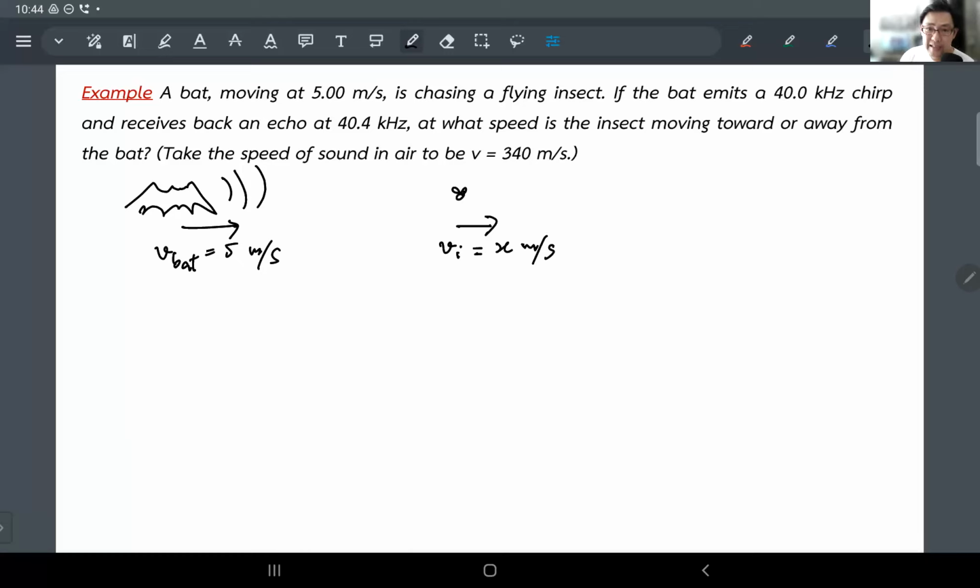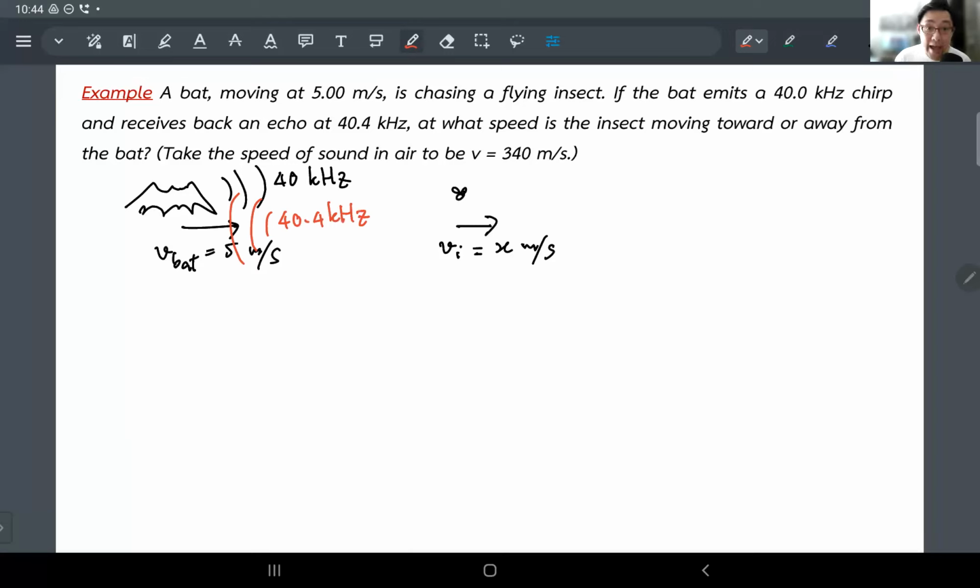Now, if the bat emits a 40 kilohertz chirp, it means there's some super high pitch, ultrasonic sound coming out from the bat, that is 40 kilohertz, and receives back an echo. Whoa, this is good. So somehow the bat received back the echo from the insect to be 40.4 kilohertz.